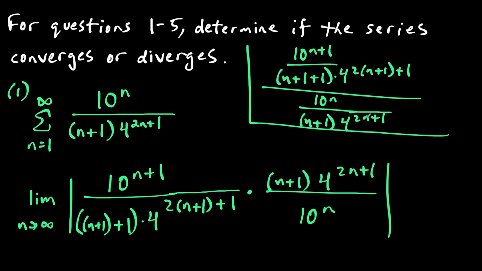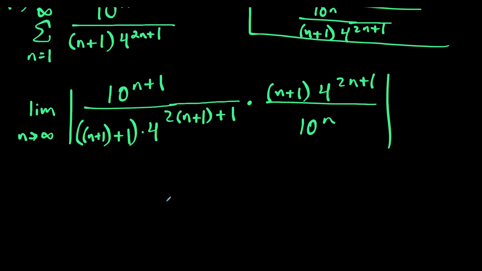But once again, I personally skip this step every time, and I will skip it after question 1, because to write this limit expression over and over just to show the division of two fractions just takes up a lot of time. So after you go through a few of these, you tend to just skip this step and jump right into it. So now let's go ahead and simplify this.